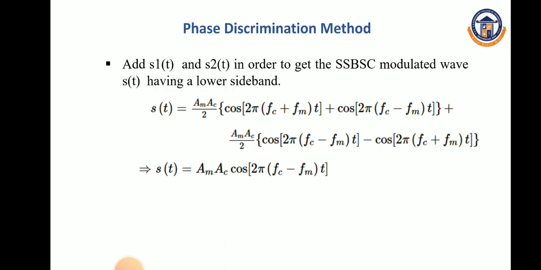So this is the phase discrimination method, adding S1 of t and S2 of t, that is the sum of the two inputs.